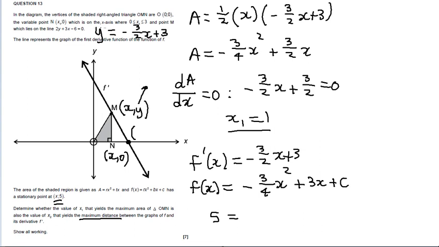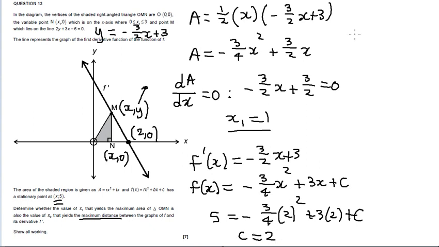And if I set y equal to 0, I'm going to get an x-coordinate of 2. So the coordinates here are going to be 2, 0. So the stationary point is going to be 2 and 5. So 5 is equal to negative 3 over 4 into 2 squared plus 3 into 2 plus c. And if I solve for my value for c, I get c is equal to 2.